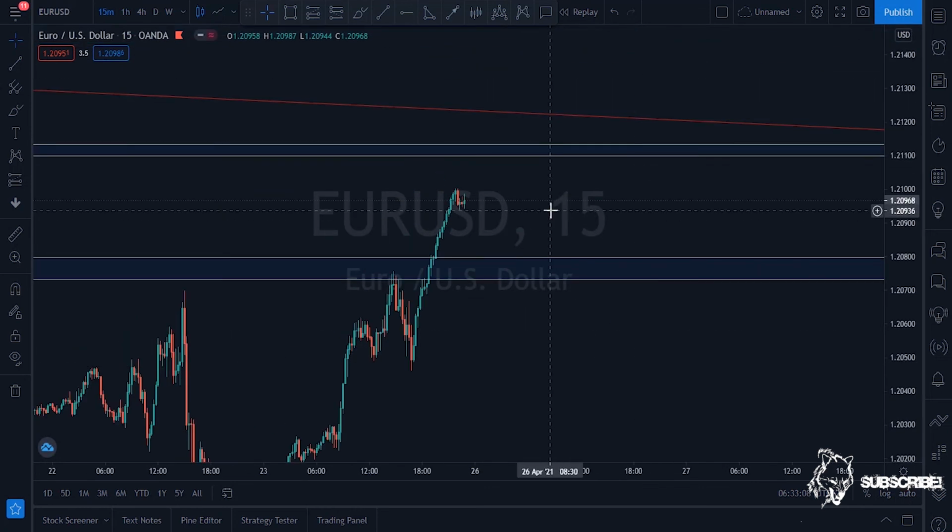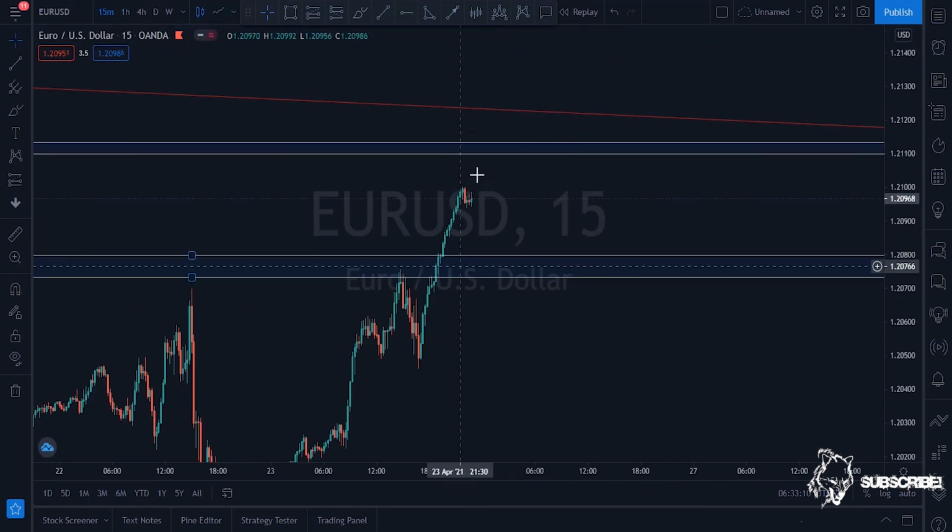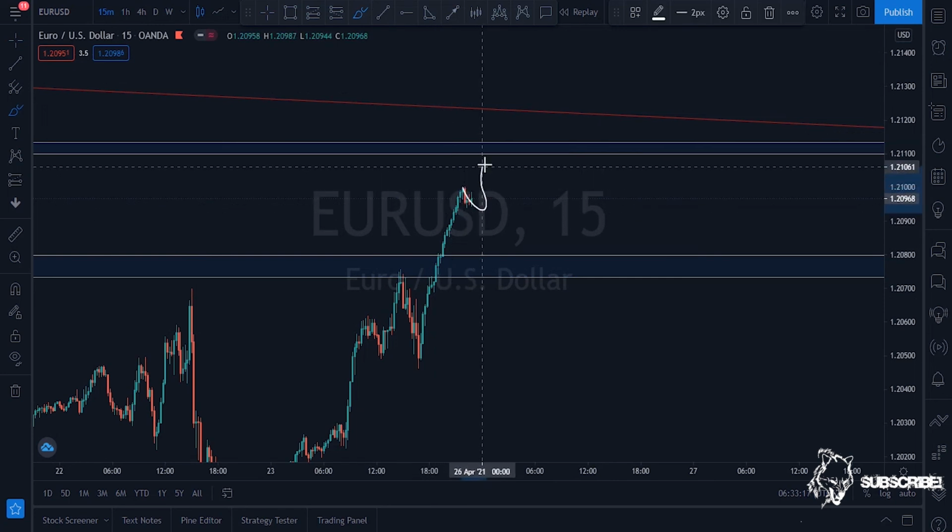So what are we anticipating? We can see that we had our impulse move here, and now we're anticipating that for this week Euro USD is gonna start to correct to the upside, right?